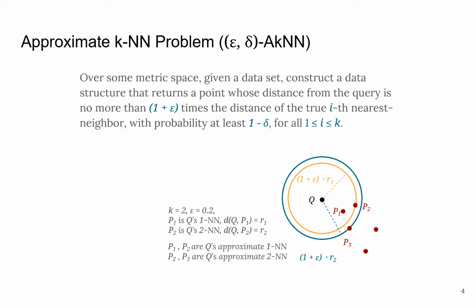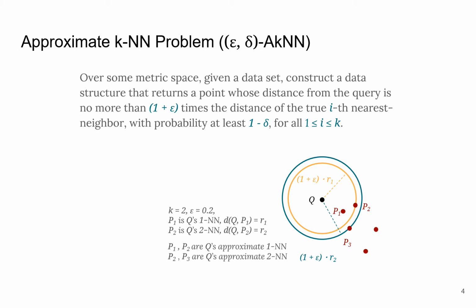So now it's time to define the approximate kNN problem, or epsilon-delta AKNN. It asks the following question: can we construct a data structure that returns a point whose distance from the query is no more than 1 plus epsilon times the distance of the true ith nearest neighbor, with probability at least 1 minus delta?